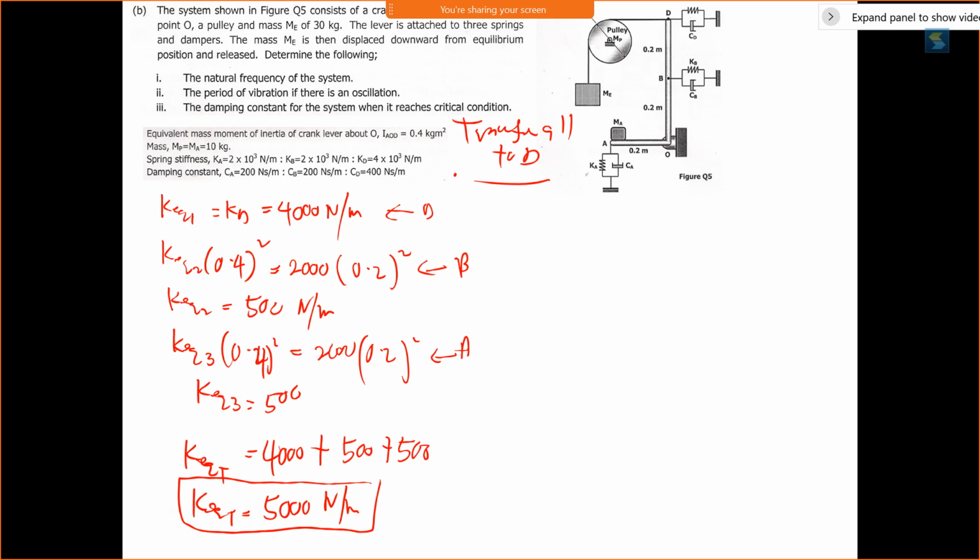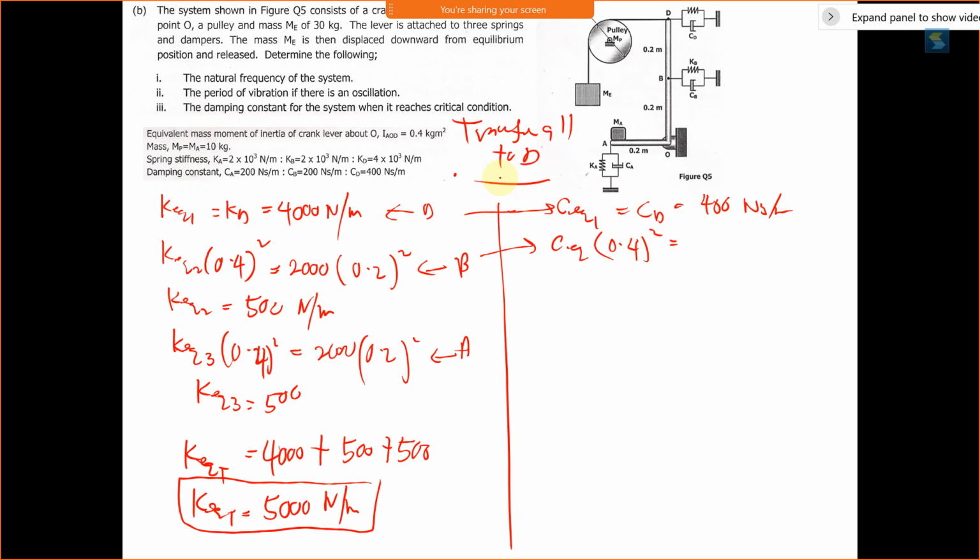Next adalah for damper. So for damper adalah C equivalent 1 equals to CD equals to 400 Newton second per meter. For C equivalent 2, for B, sama juga, times with 0.4 squared equals to CB 200 times 0.2 squared.